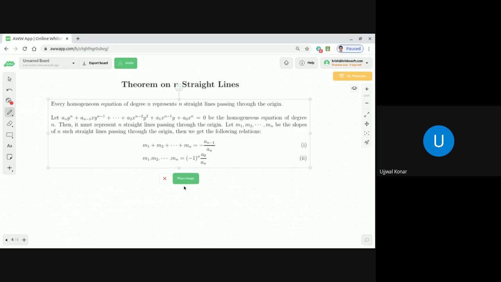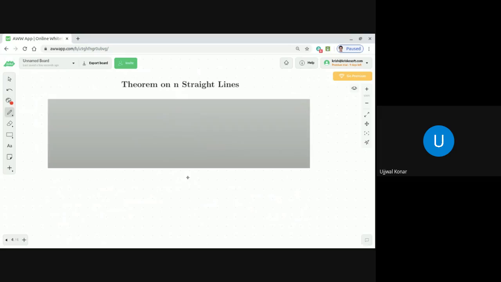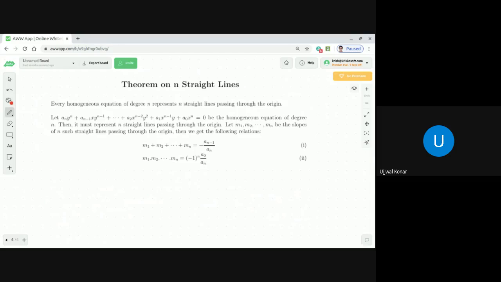So, dear students, the theorem of n straight lines says that every homogeneous equation of degree n represents n straight lines passing through the origin.